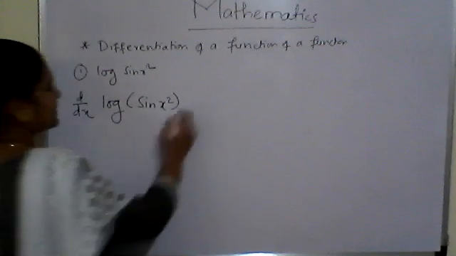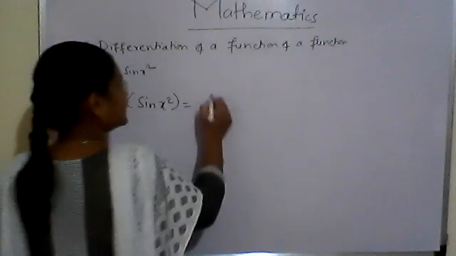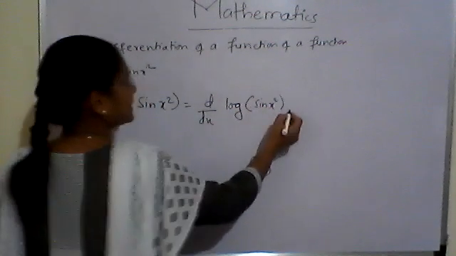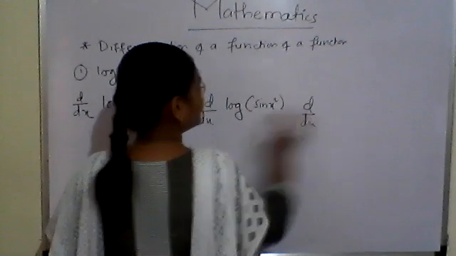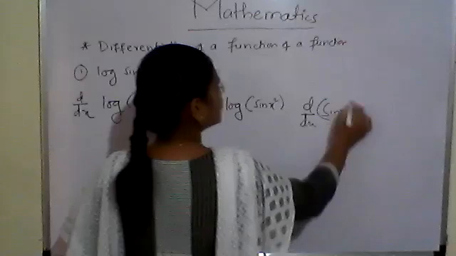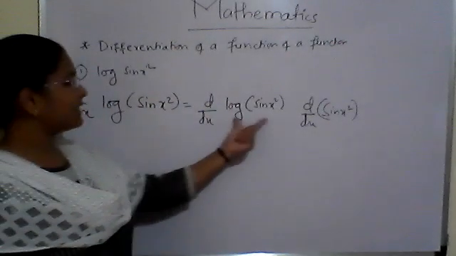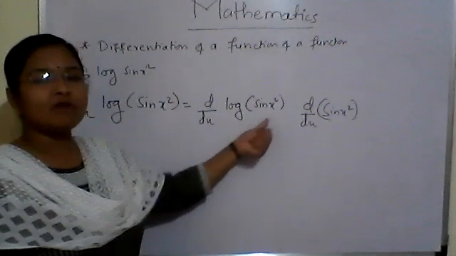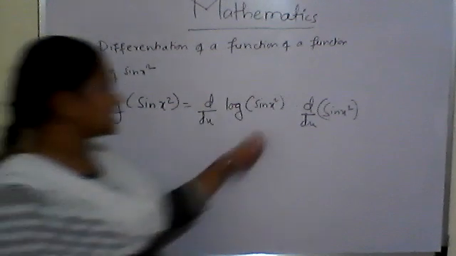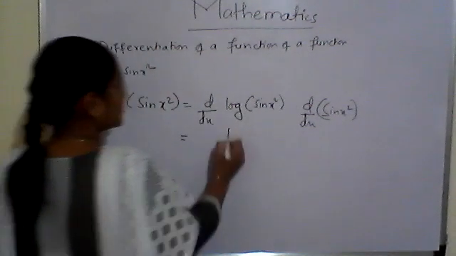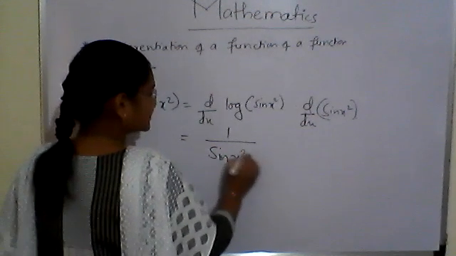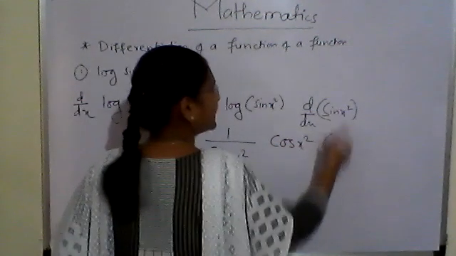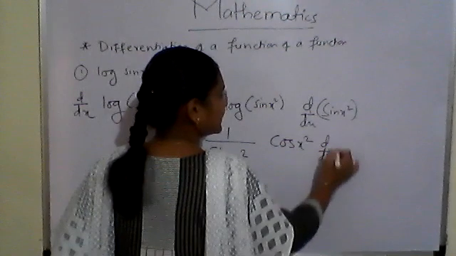Log of sine of x square, derivative. So first, the derivative of log of sine of x square: we get the derivative of f of x, 1 upon sine of x square, into the derivative of sine of x square, which will be cos of x square, into d by dx of x square.